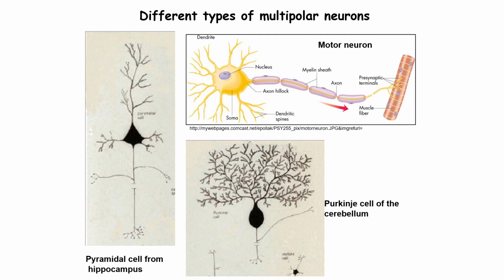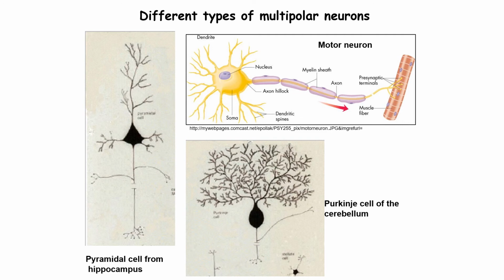You typically see them in the hippocampus, in most places in the cerebrum, and especially so in the motor cortex. In certain layers of the motor cortex, you actually see really large pyramidal cells that may look like the one that you're seeing here as well. And below, what you see is called a Purkinje cell.